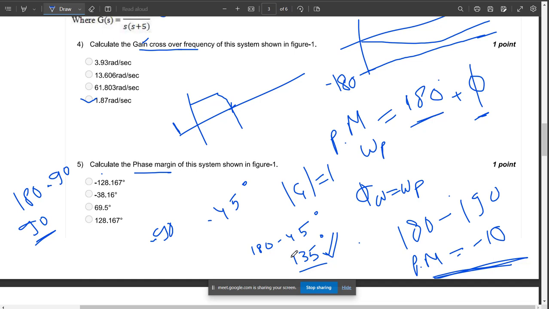At this point, when the phase equals minus 45 degree, the gain was 1, and after that the gain becomes below 1, not minus 1, below 1.